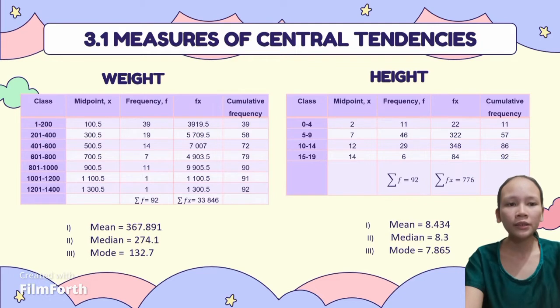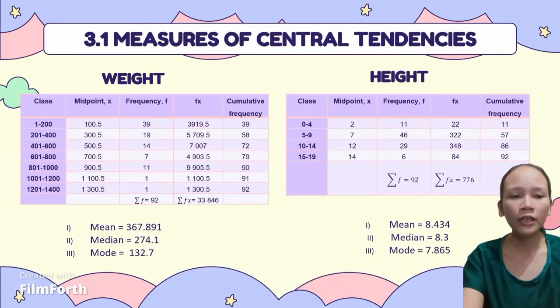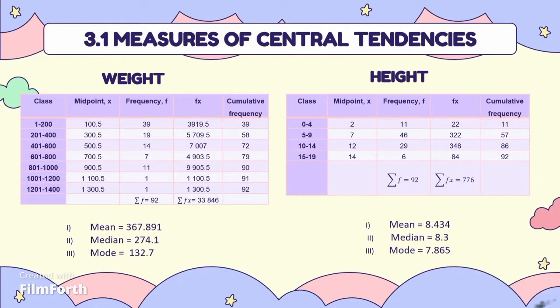The mean is the sum of the value of each observation in a dataset divided by the number of observations. The mean is the average of a data set, and it is also known as the arithmetic average. Next is the median.